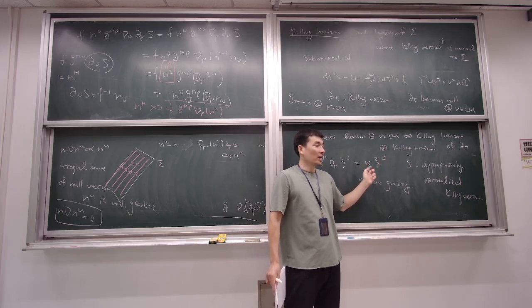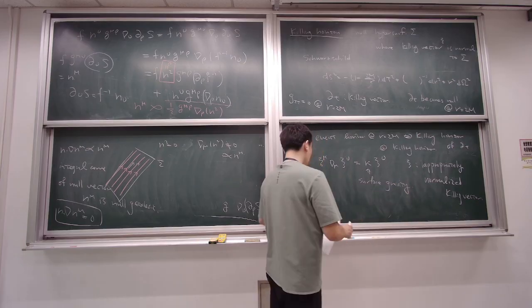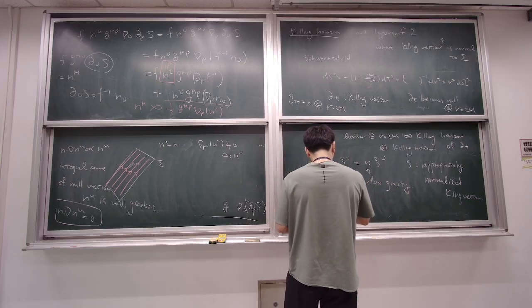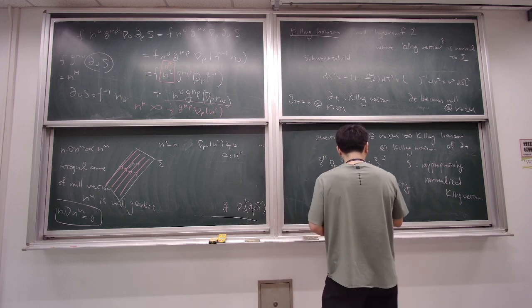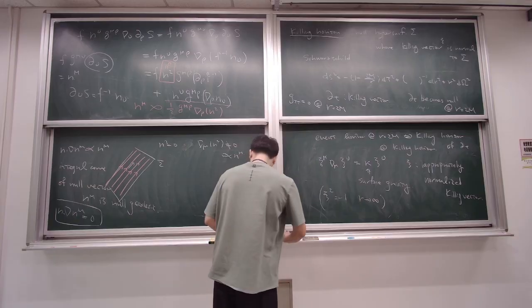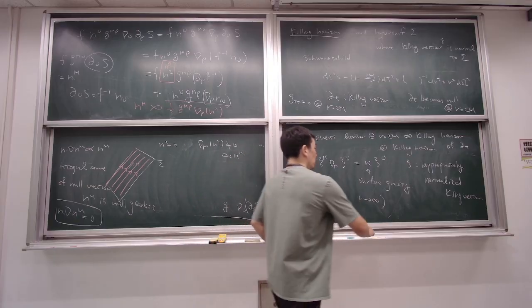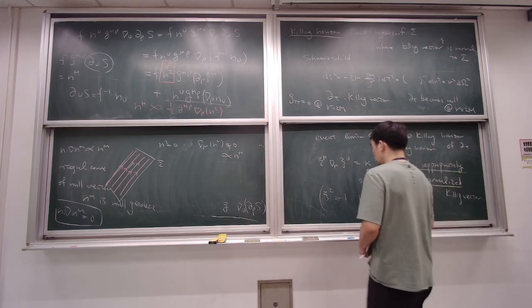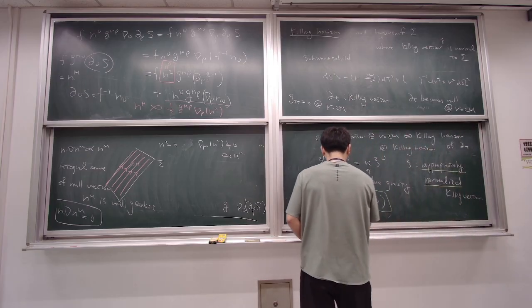It is appropriately normalized so that ξ² goes to -1 when r goes to infinity. This is the normalization we take, a condition we have to impose.